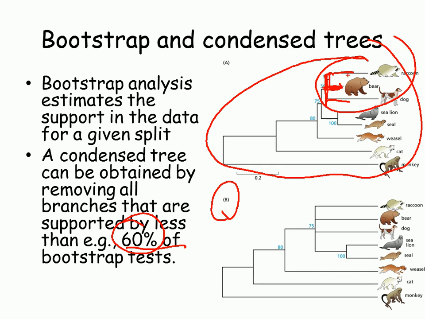Okay. Again, that still has 50%. I need to go one higher level to 75%. Okay. So dog, bear, and raccoon will now be at this level where I have 75% support. Sea lion and seal are 100%, so that's good. It stays as is, and the rest of the tree stays as is. Okay.